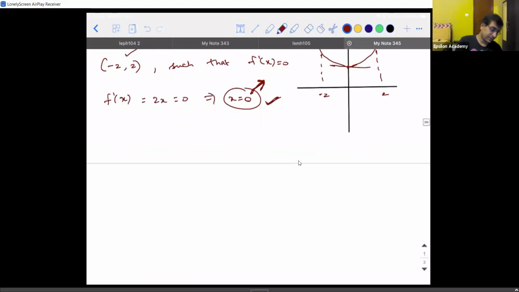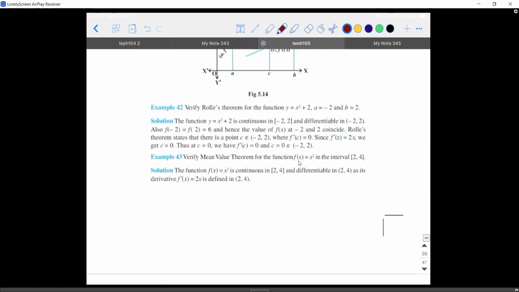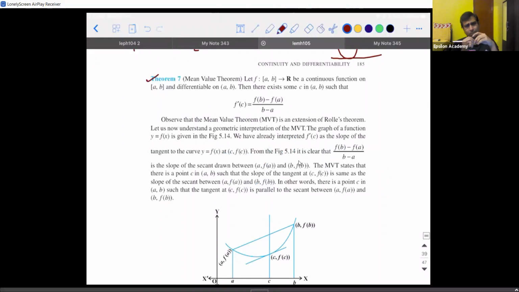Shall I move on, guys? Shall I proceed? So next is the mean value theorem. It is something similar to Rolle's theorem. Let f be a function defined from the closed interval a to b to R. First, it should be continuous on the closed interval a to b.